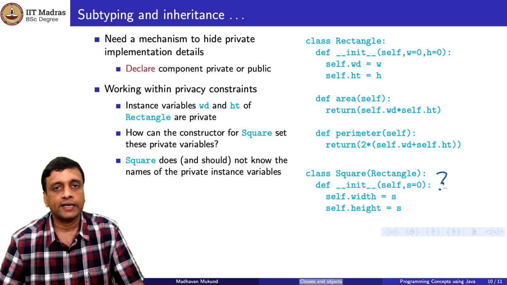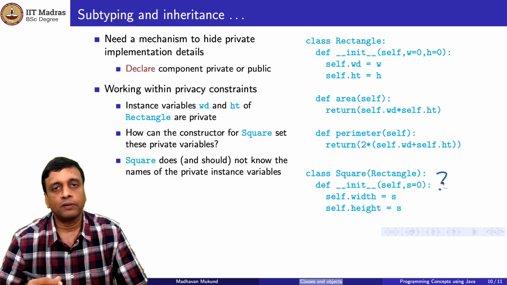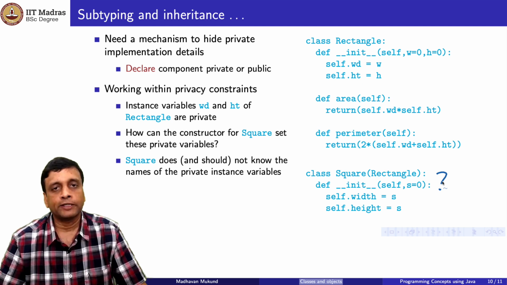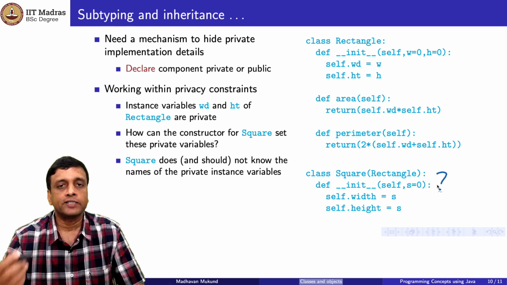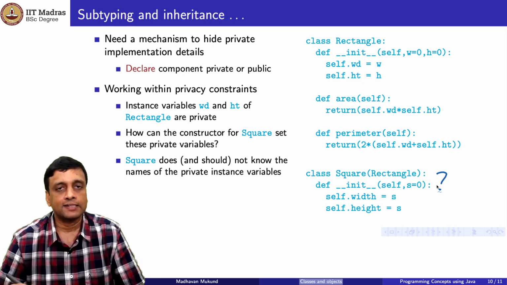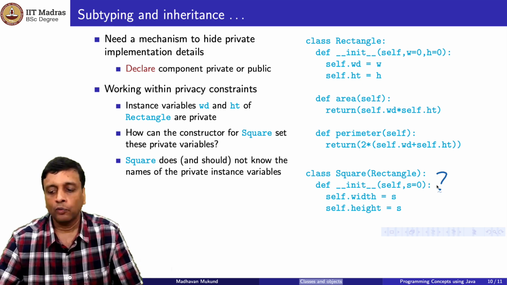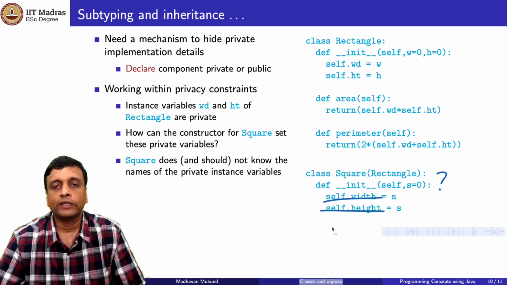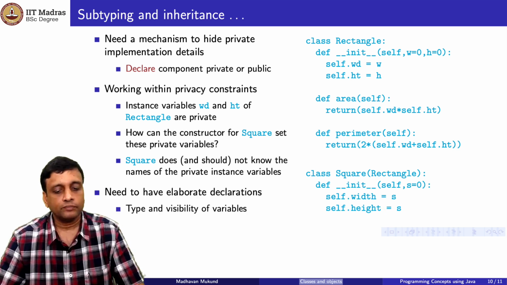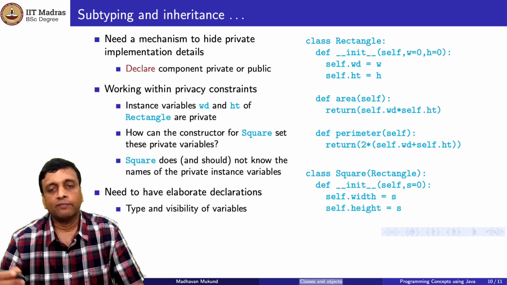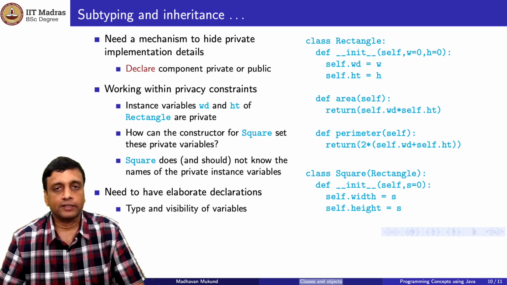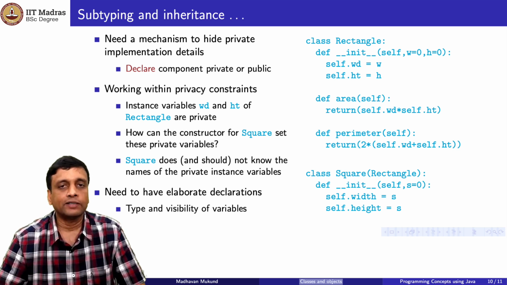These privacy constraints impose a certain discipline on how these variables are used, but they also impose a restriction on how they can be set up. So we need to provide mechanisms to legally bypass these restrictions and set up these variables. How will square set these two values without knowing what they are? So we need to have more elaborate declarations which declare both the type and the visibility, right? That's one of the things that we will be seeing now.